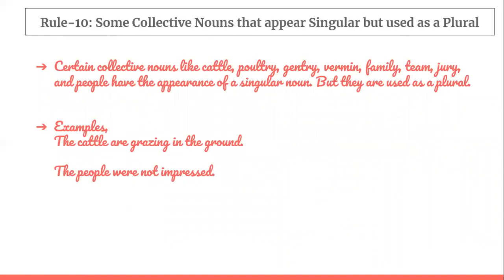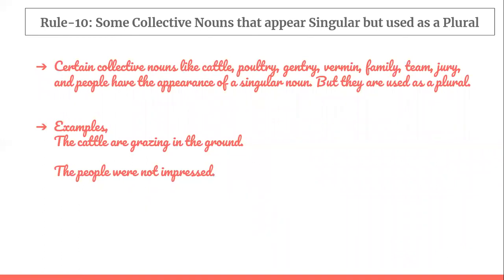Rule number 10 is some collective nouns that appear singular, they look singular, but they are used as plural. Examples are: the cattle are grazing in the ground, the people were not impressed.